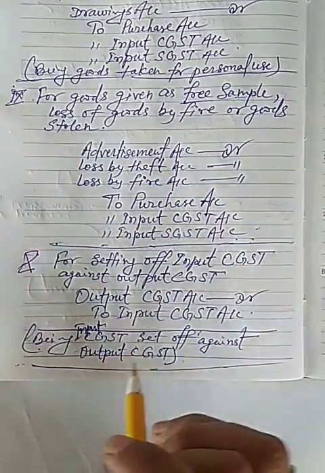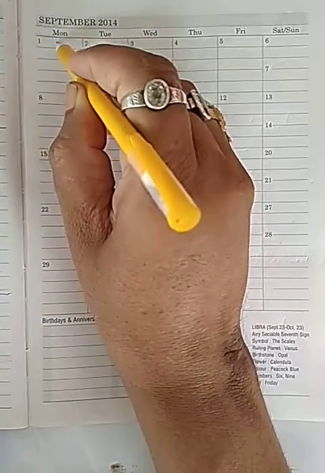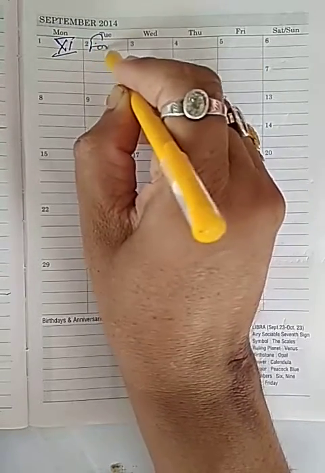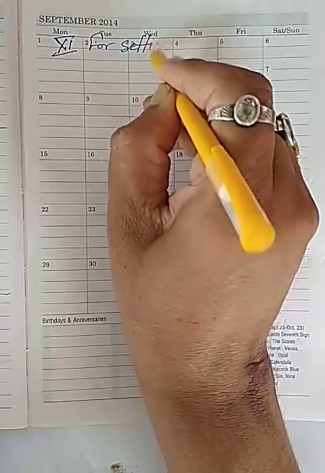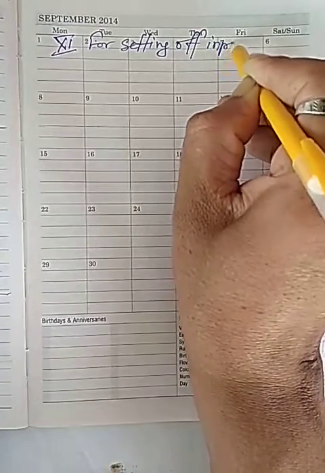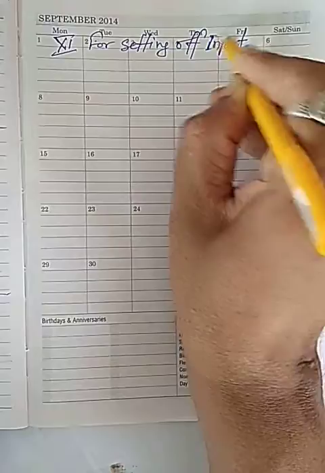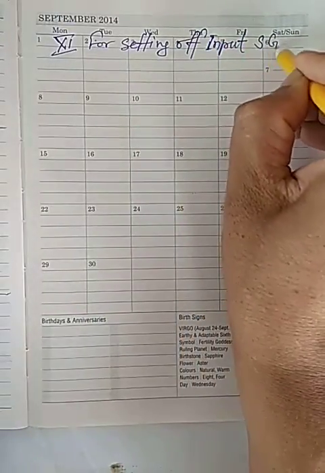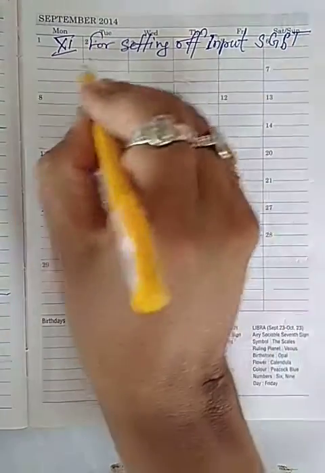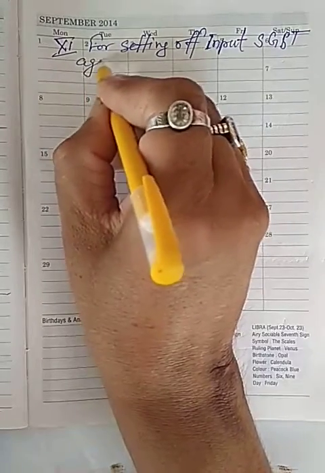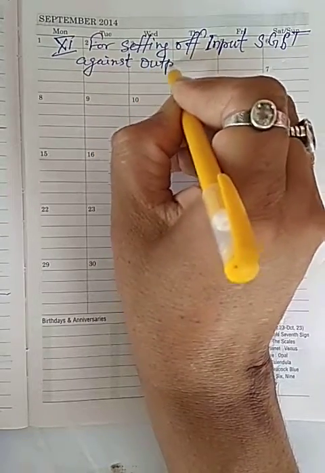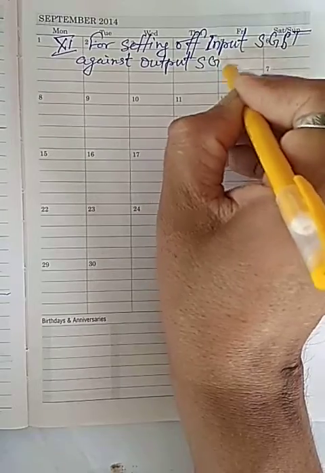Now the next journal entry, 11, for setting off input SGST against output SGST.